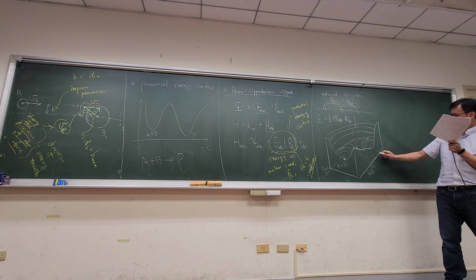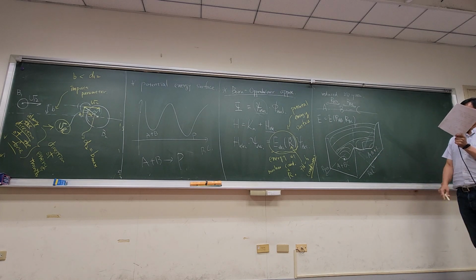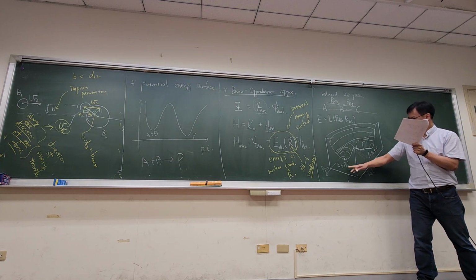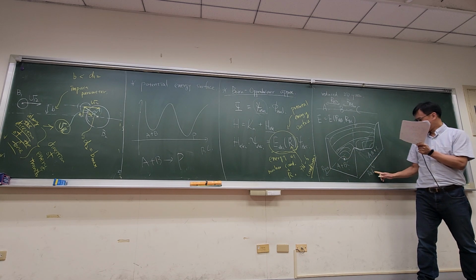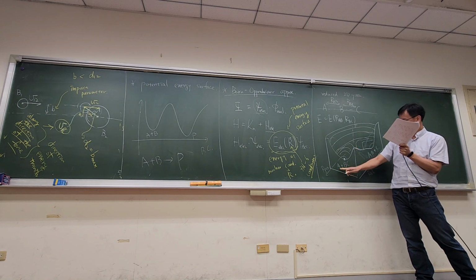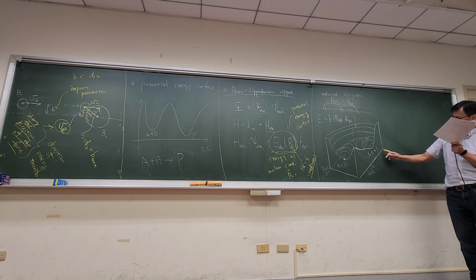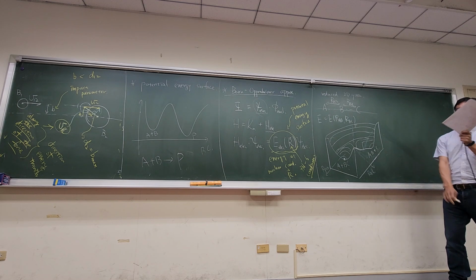Here is AB plus C. Because this direction is R_AB, so here is small R_BC but large R_AB, so AB is large. Here is large R_BC but small R_AB.